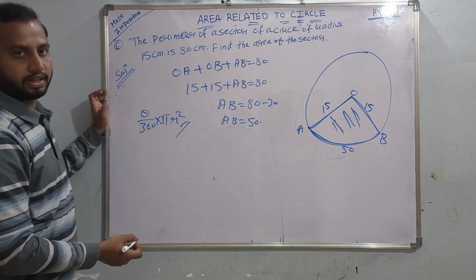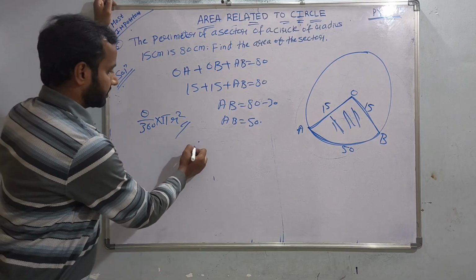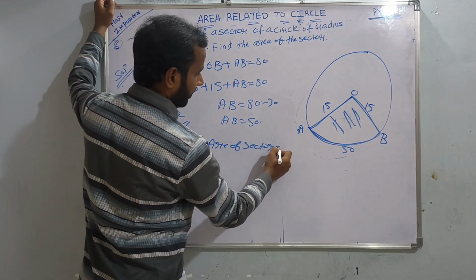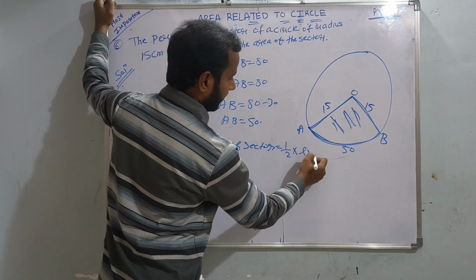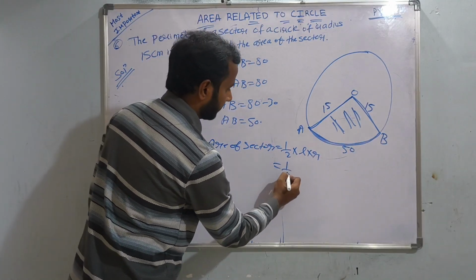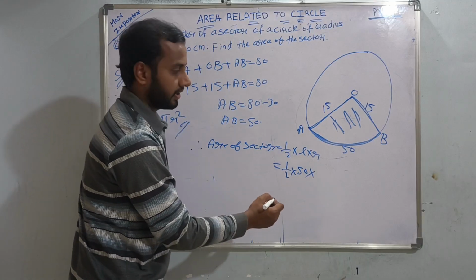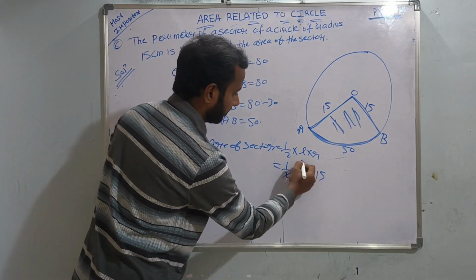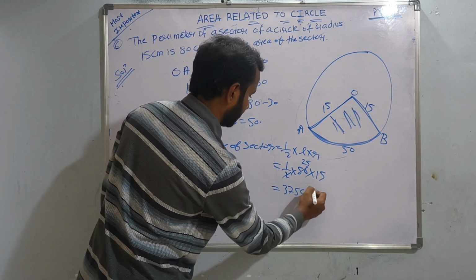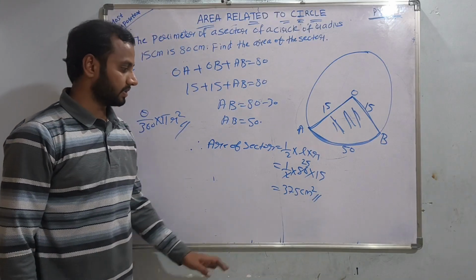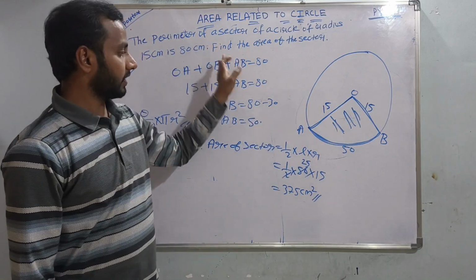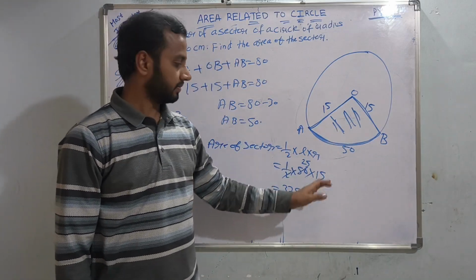But whenever the theta value we don't know, we use a special formula: area of sector equals half into L into R. L is the arc length. Arc length we got as 50 and radius we have 15. Then half into 50 is 25, 25 into 15 is 375 centimeter square. So the area of the sector is 375 centimeter square. Whenever the theta value we don't know and the perimeter is given, you will use the formula half into L into R.